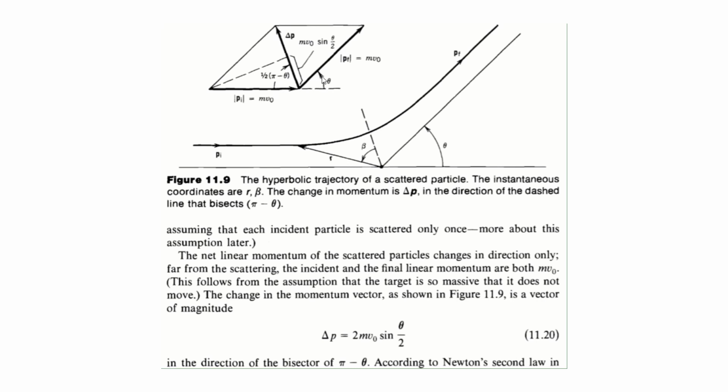Okay, if we assume this is theta, then the rest would be pi minus theta, and the resultant would be making an angle of half pi minus theta with the incident particle direction. That comes from basic geometry, and we can obtain from this right angle triangle that this distance is mv naught sine theta by 2, and therefore delta p can be written as twice mv naught sine theta by 2. All this comes from basic geometry.